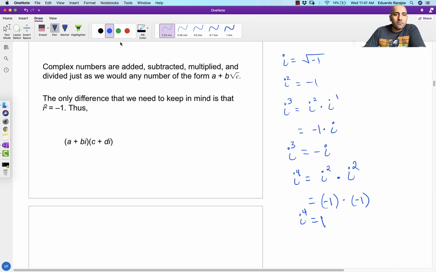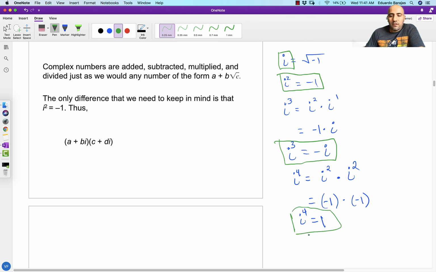Okay, so nice little pattern. i is just i. And then i squared is negative 1. i to the third power is negative i. And i to the fourth power is positive 1.